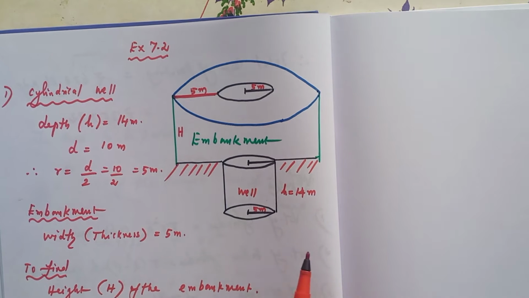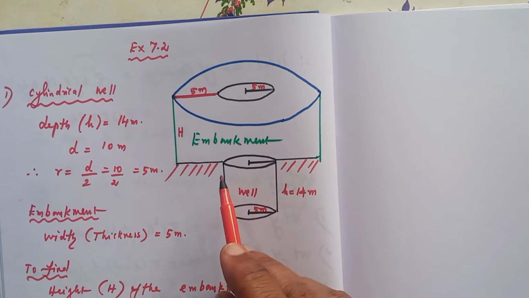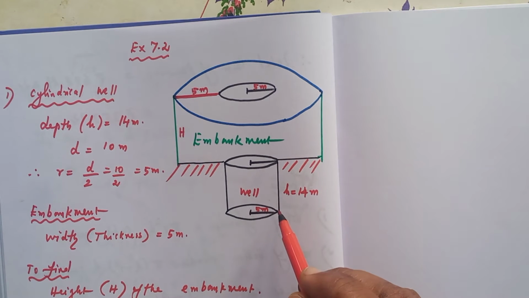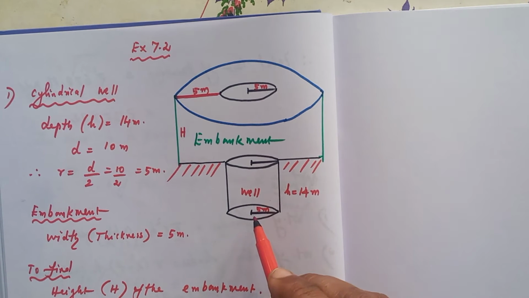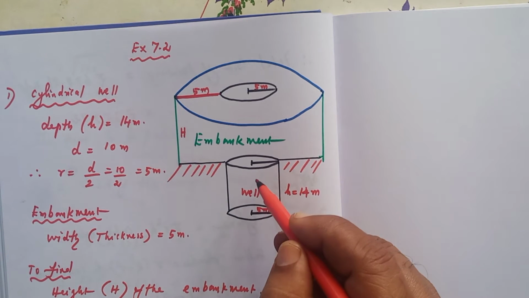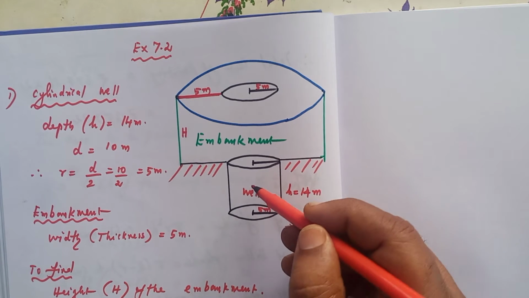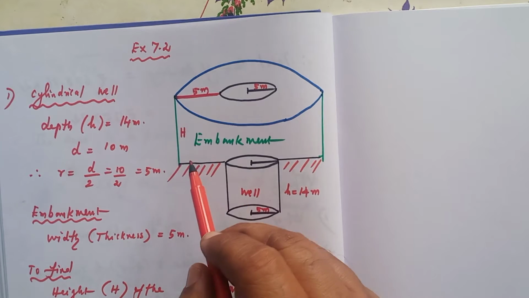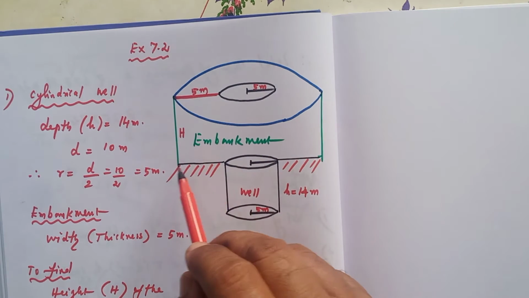So look at the diagram. It's the ground level. So it's a well only. Height and the depth, that means height 14 meters. Diameter 10 meter means radius 5 meter. Right? That is the measurement of the well. It is being dug, and the earth taken out is being spread to form an embankment.